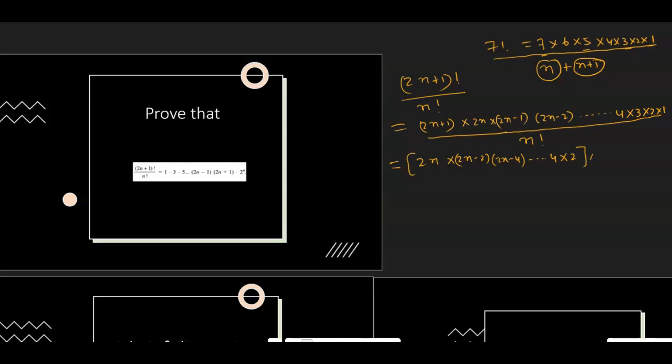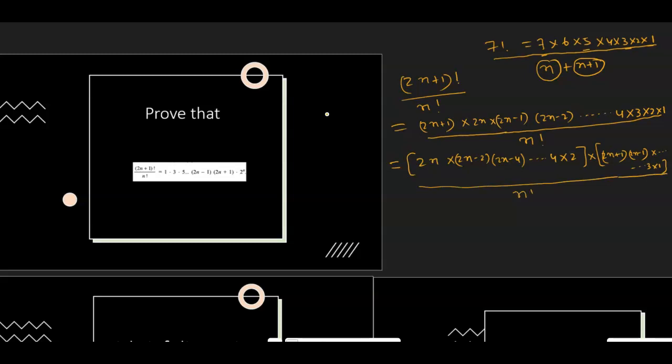These are n factors. The remaining, 2n plus 1, 2n minus 1, and so on, are the n plus 1 odd factors. Okay.